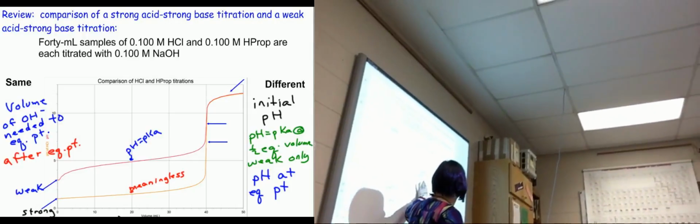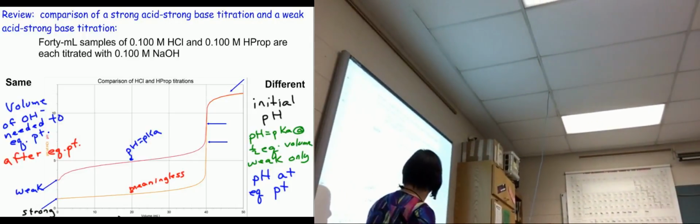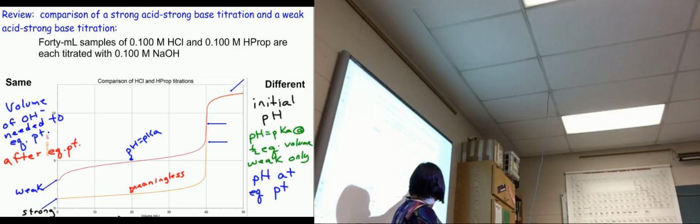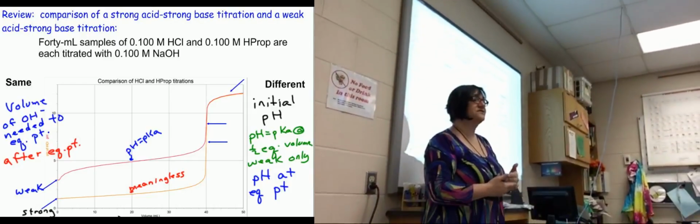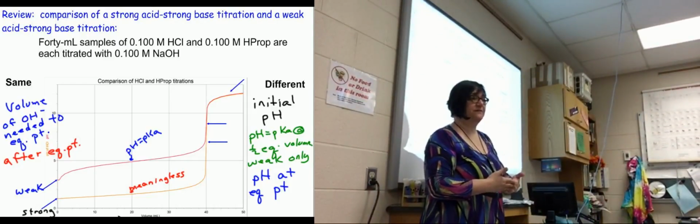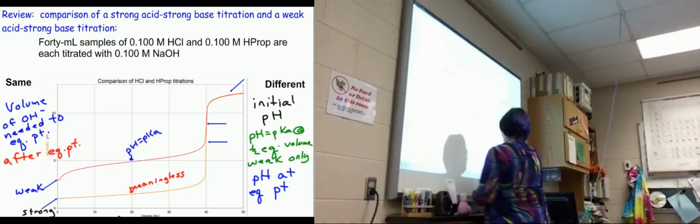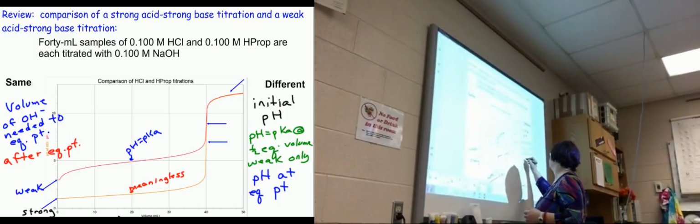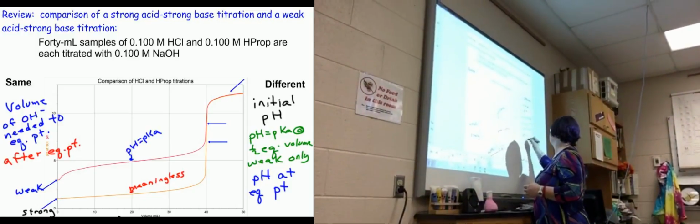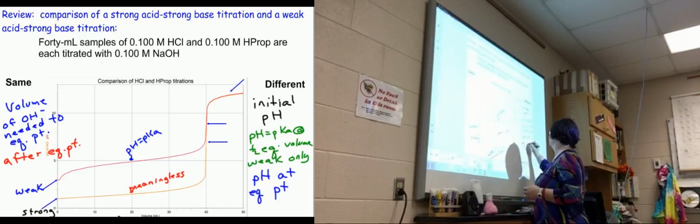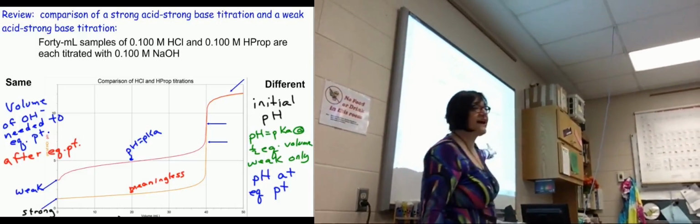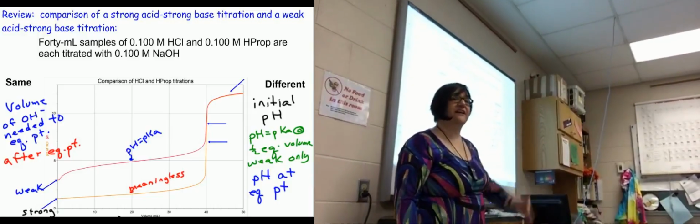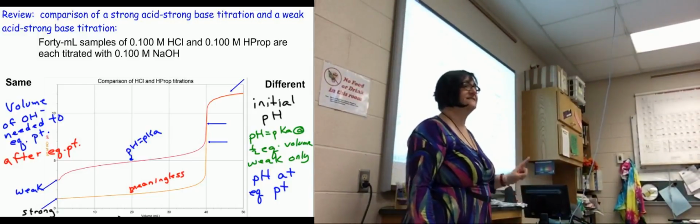All right, let's work our way over here. The pHs are different at the equivalence point. But if you look at these graphs, the volume of NaOH to get there is the same.